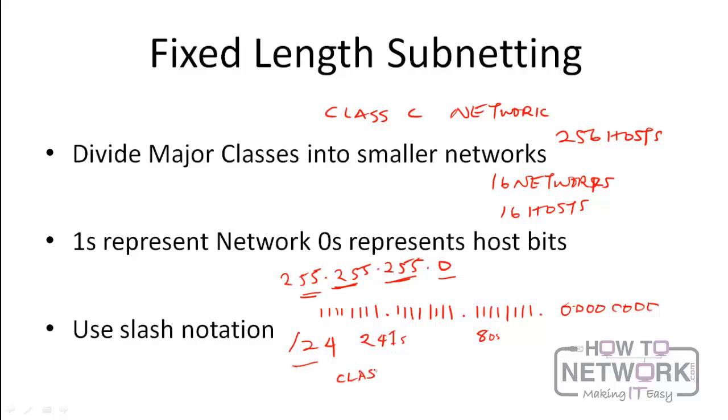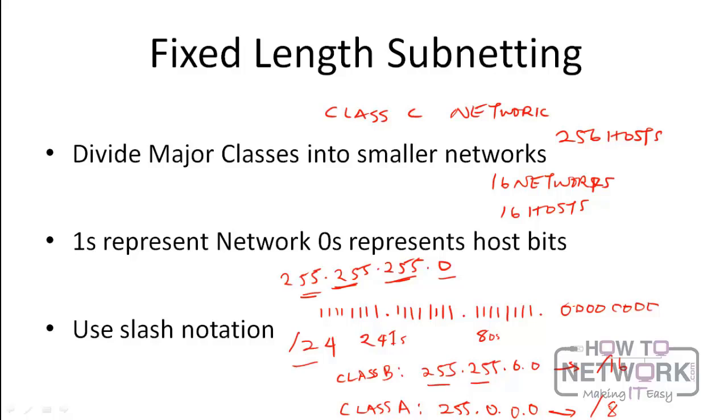For class Bs, we know that the subnet mask is 255.255.0.0. And that means that the subnet mask would be a /16 because the first 2 octets will be 1s and there will be 16 1s. For class A, the subnet mask is 255.0.0.0, and that's going to be a /8 because the first octet is the one that has 1s.